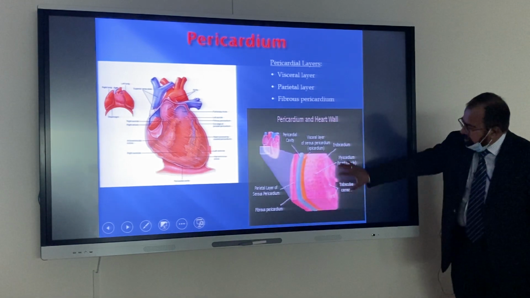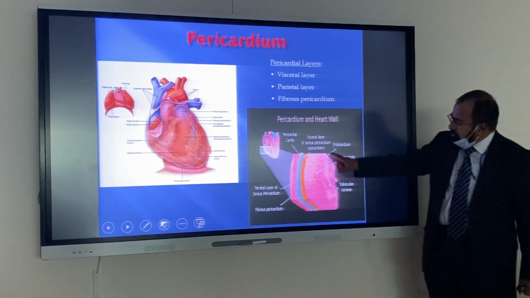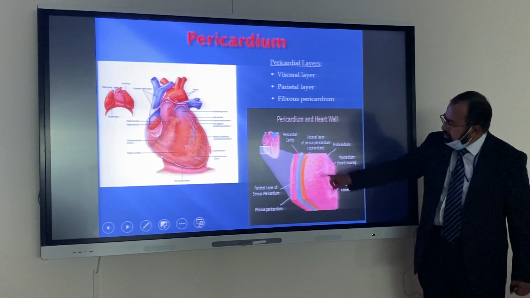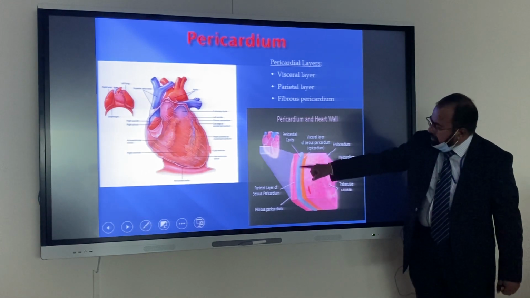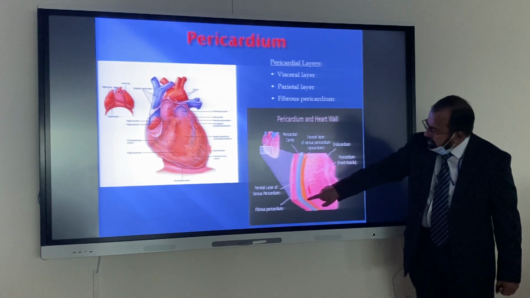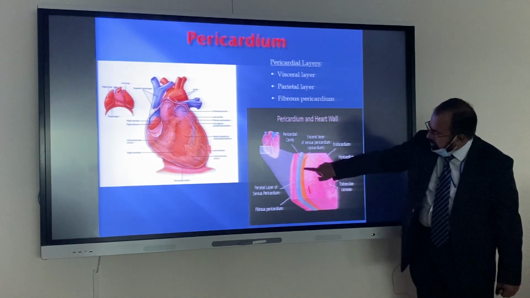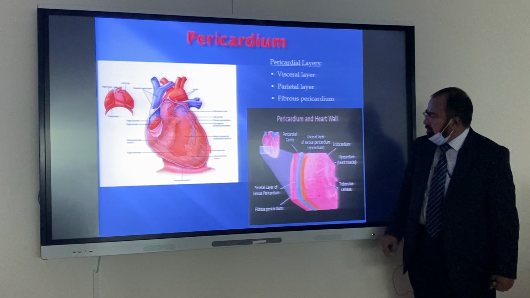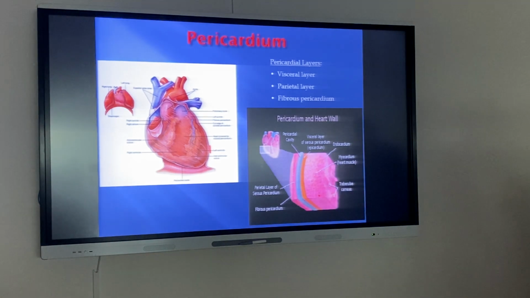Here you can see in big magnification, this is myocardium, myocytes. This is visceral pericardium, this is parietal pericardium, this is fibrous pericardium. This area in between is the pericardial space, which has 30 to 50 ml of fluid. It should not increase beyond this amount. If the amount rises, then we call it pericardial effusion.